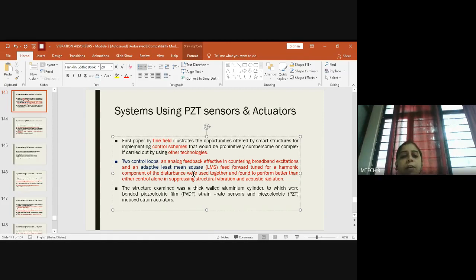So you need an adaptive least mean square to get the feed forward, so that it separates all the harmonic components associated with the noise disturbance, or related to the variation of the waves in the air coming in and out within a smart structure.